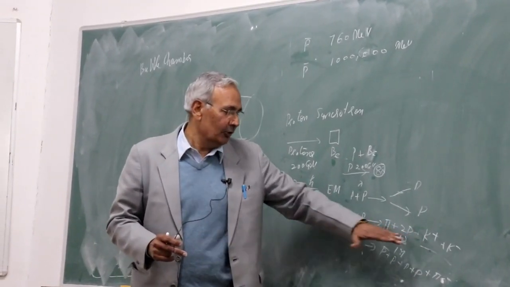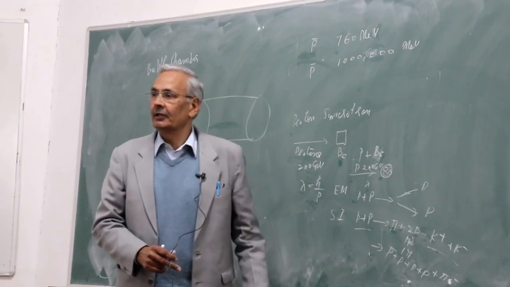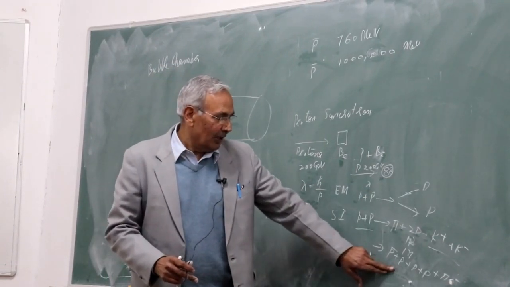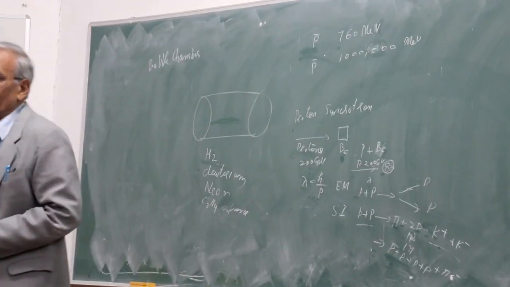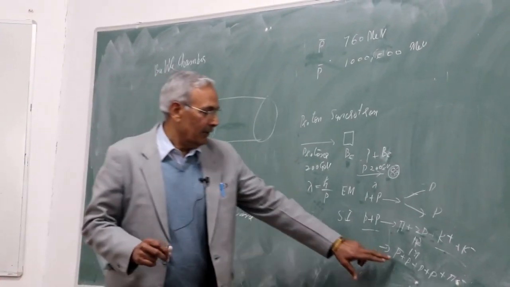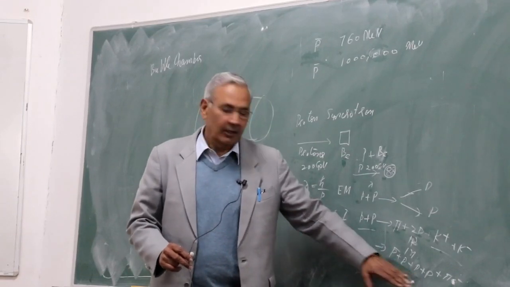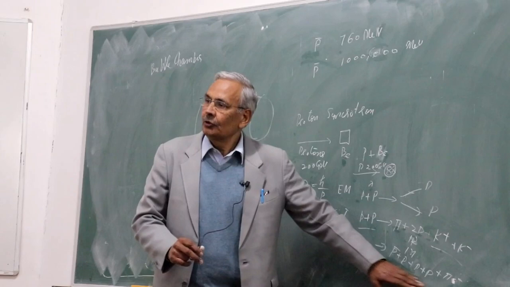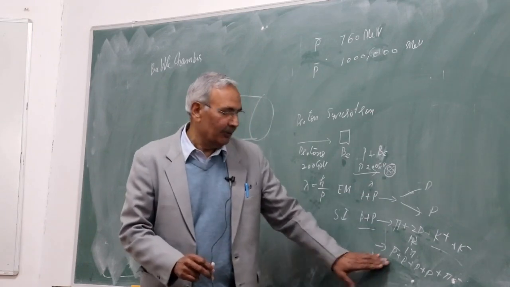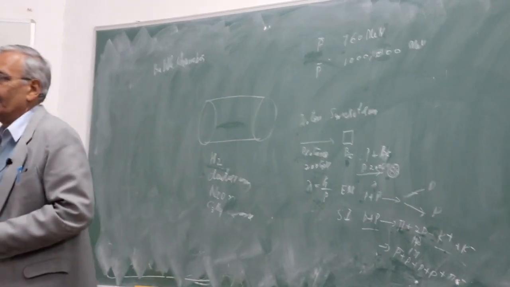You can have K, you can have baryons, any kind of combination. There is a very small probability that you will have an antiproton also. Okay? So for an antiproton, you will have 4 baryons. One antiproton and a proton, or you can have a proton and a neutron. That way you will be getting a very small percentage of antiprotons.